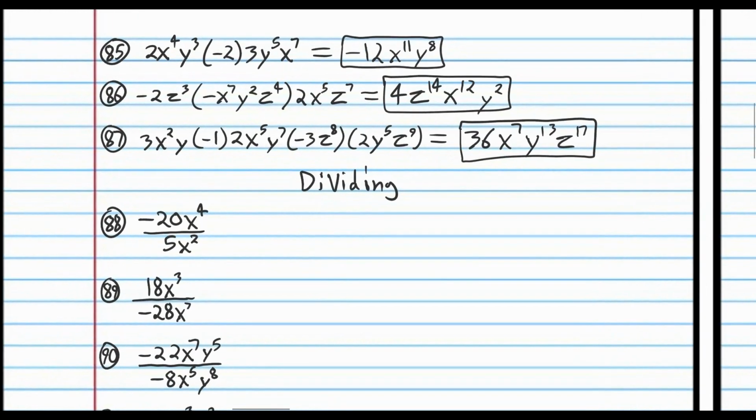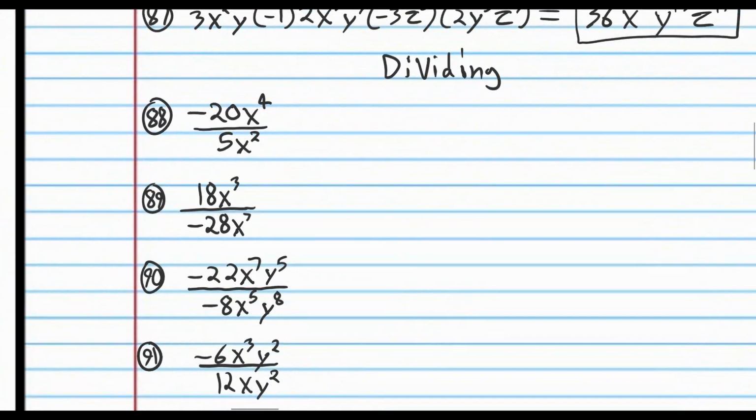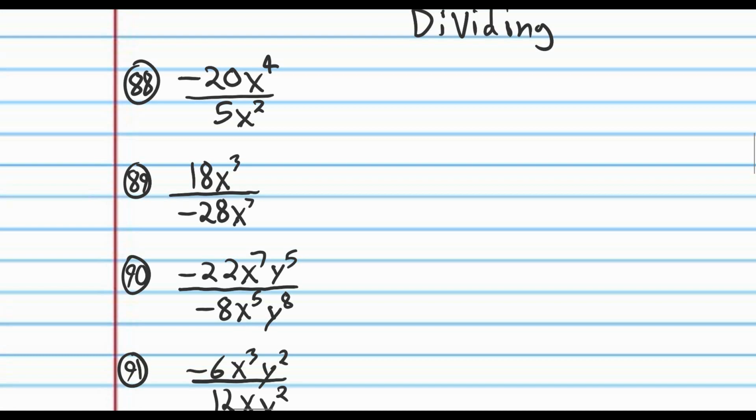So now we're going on to dividing algebraic expressions. And we talked about how to show division in the last class. In algebra, you most often show division with a fraction symbol.